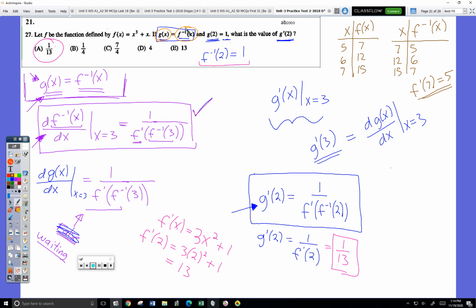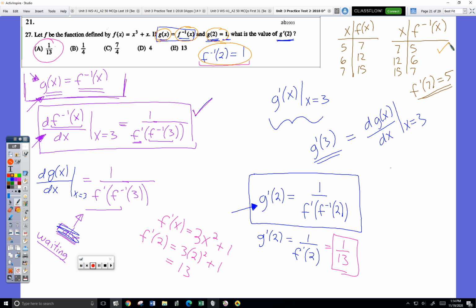So since g of 2 is 1, f inverse of 2 is also 1. Is that helping? Yeah, that's what you were looking for just because it's happened before. It's kind of that example of trying to stay away from solving a problem by remembering a problem, because they'll trick you.